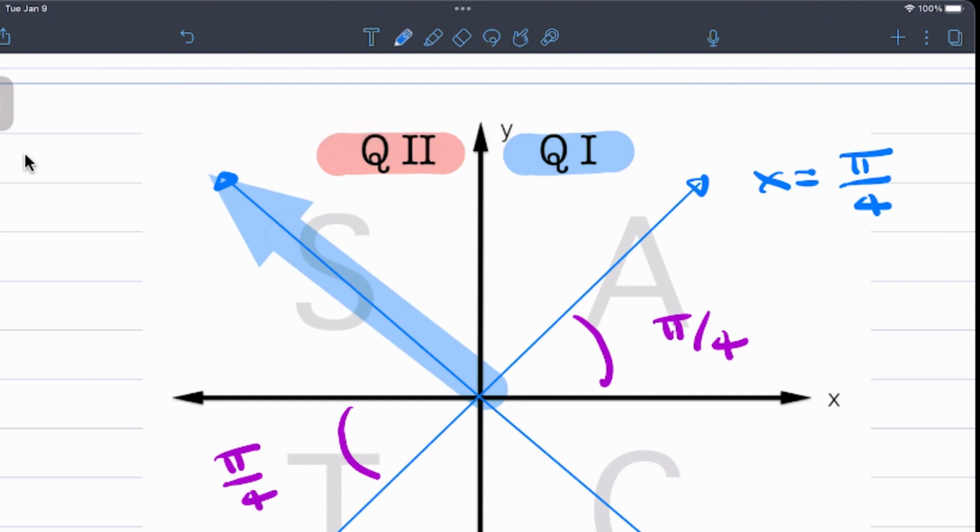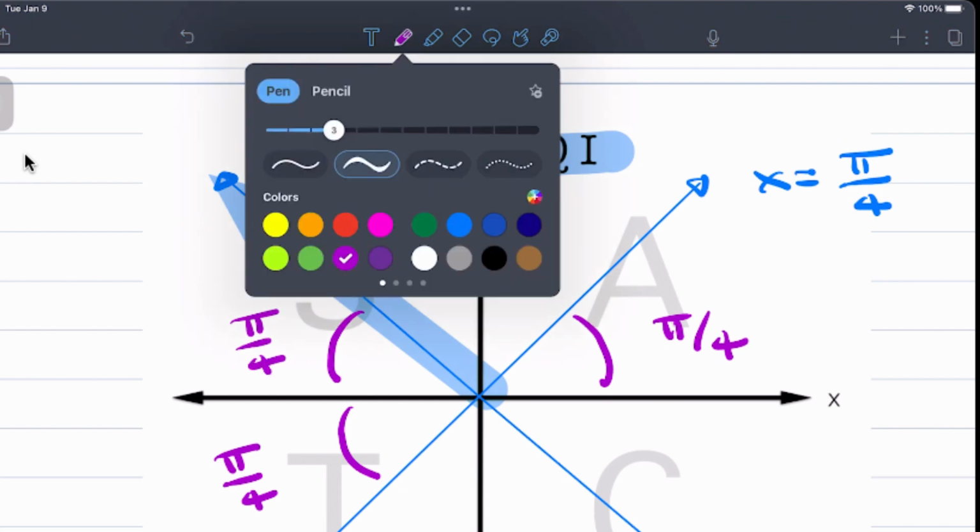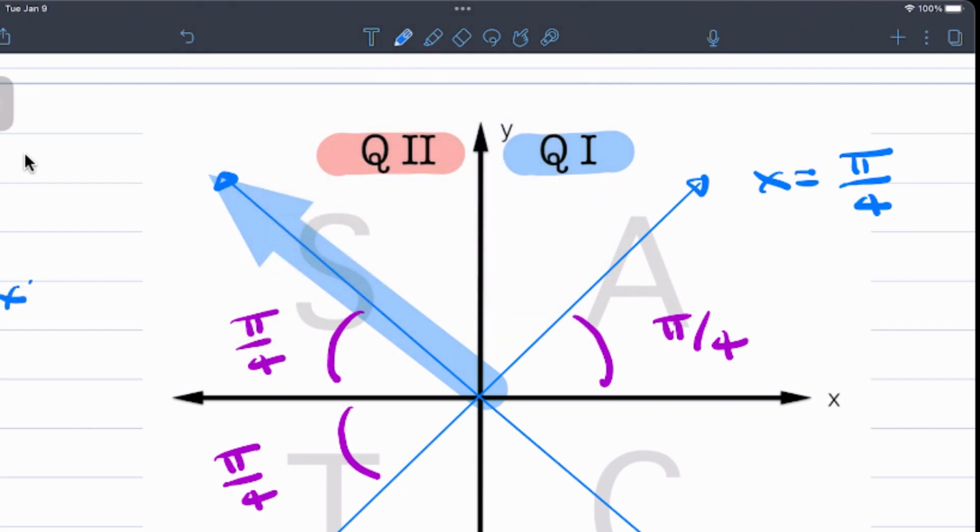We got to find that solution. So how do I get the quadrant 2 solution? Isn't that pi minus pi over 4?